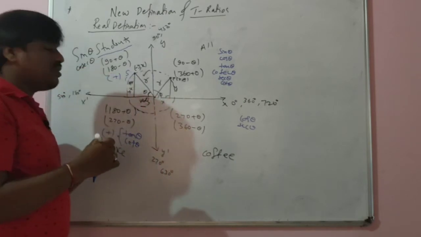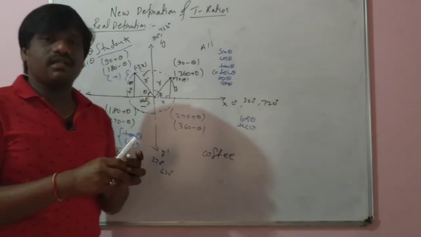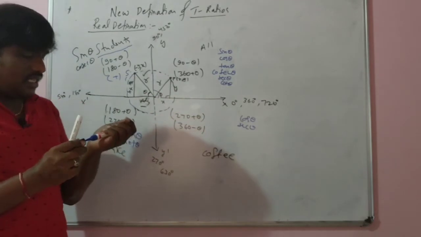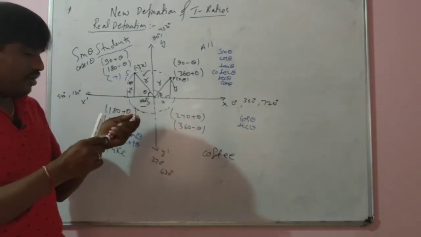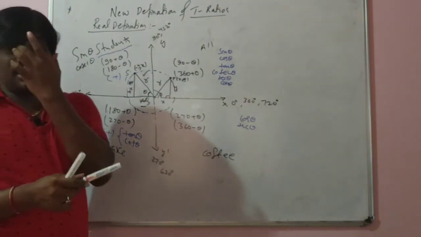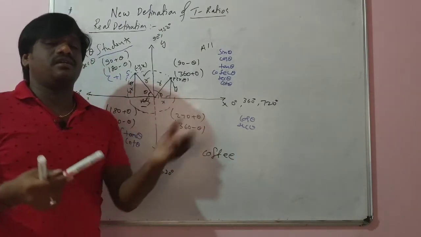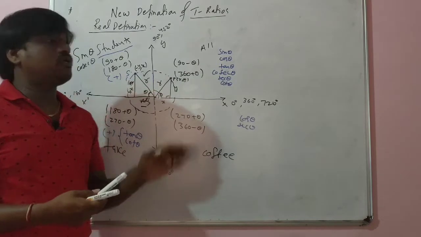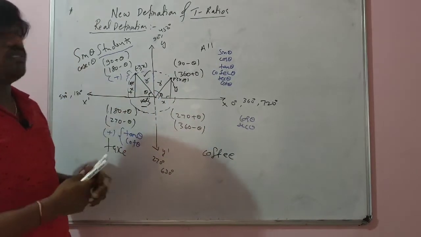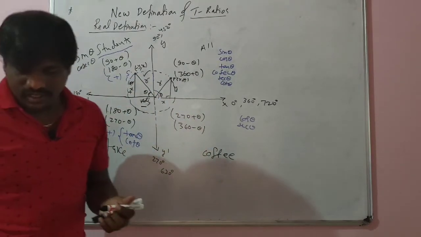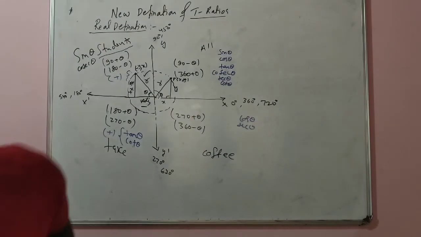With adjacent negative, cos theta will be negative, and then sec is negative. If they are negative, then the rest, when dividing by the other, will be negative. Only sine and cosec are positive here. Understood? This is the main point you have to understand.